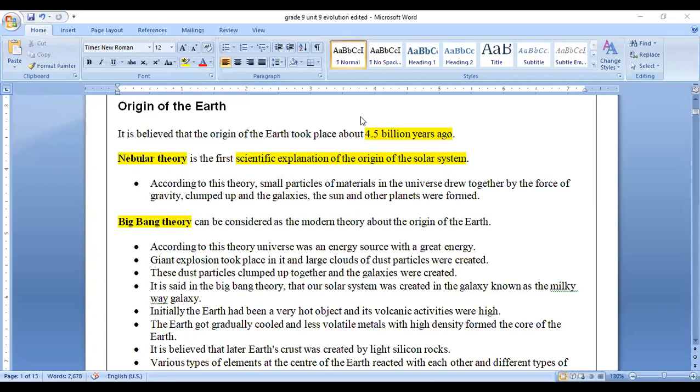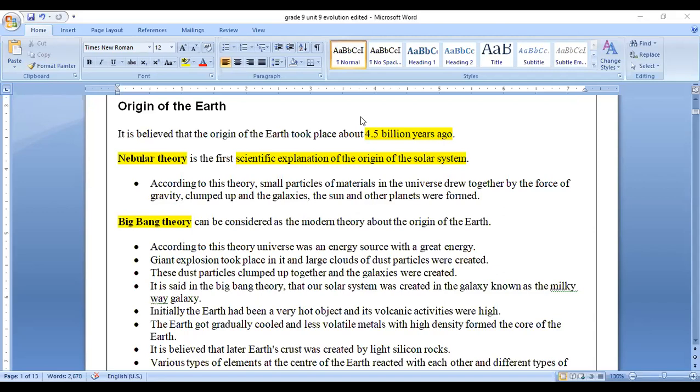Understood? When the solar system appeared, in that also what is there? Earth is there. In Big Bang theory also, Earth is there. Am I right? Yes, sir.